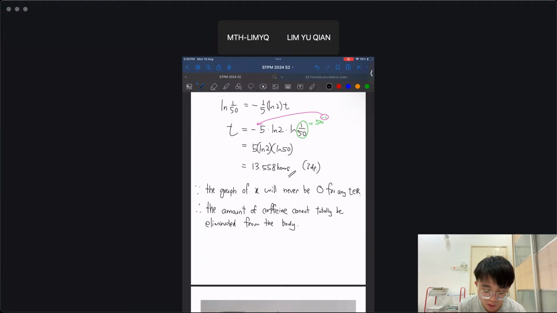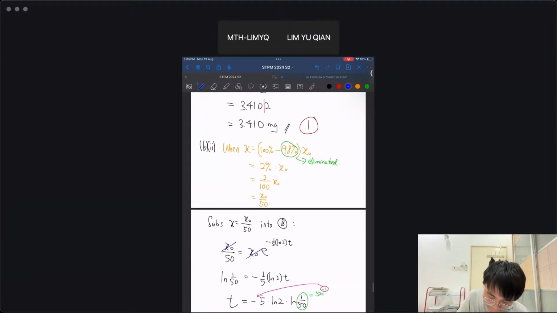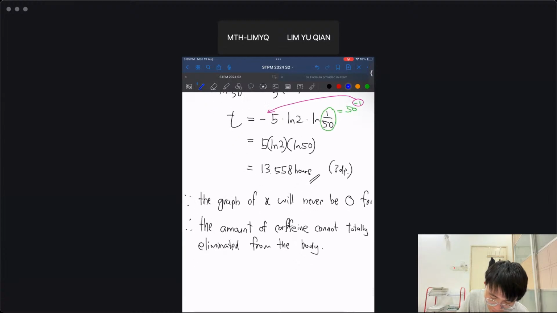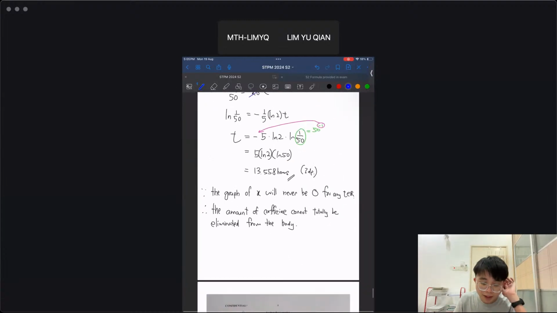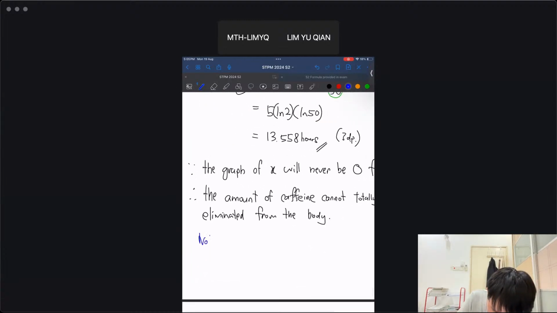This is exponential, but if you approach it, it's better that we make a comment. It can never equal zero for any t. I think you just say cannot, but you can make a note here: x will approach zero as t approaches infinity.